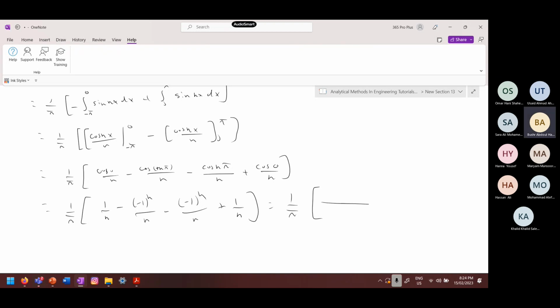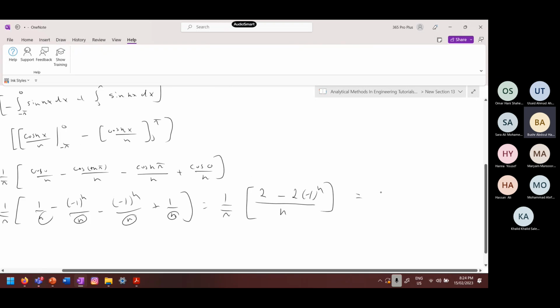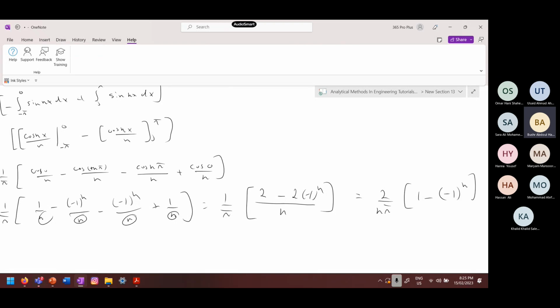Gather everything, you'll see that they all have the same denominator. So you just get 1 over n, and gather the similar values. You'll have a 2 and a negative 2 times negative 1 to the power n, which is also equal to 2 over n pi times 1 minus negative 1 to the power n.